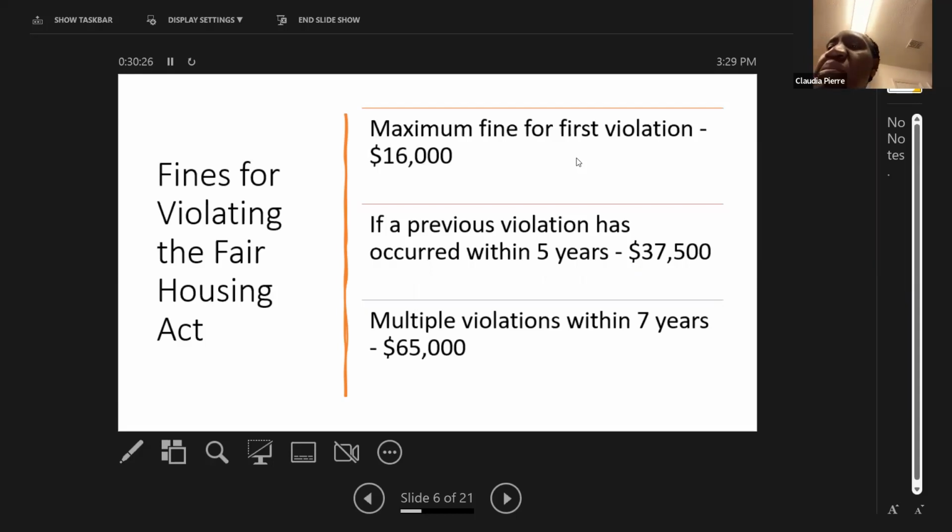I can actually speak to that because a couple of years ago, we had an agent who in a text was asked that question: if I have a criminal record, will that keep me from renting the home? And he answered yes. And he got sued for that, $16,000.